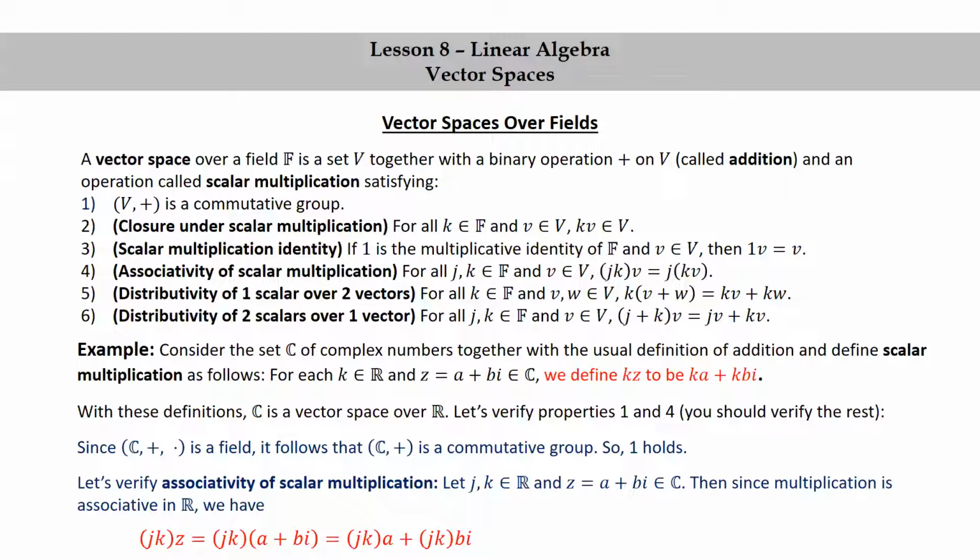That's how we define scalar multiplication. And now we use the associativity in R to rewrite this as j times ka plus j times kbi. And once again, we can use the definition of scalar multiplication to write this as j times (ka plus kbi), and that as j times kz. And we've done it. Once again, you should verify the remaining properties.